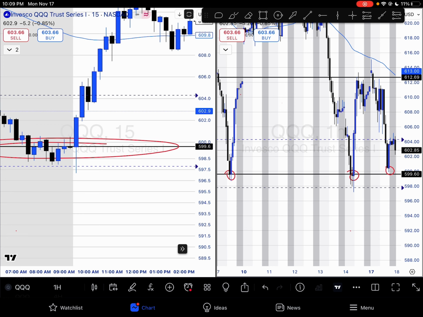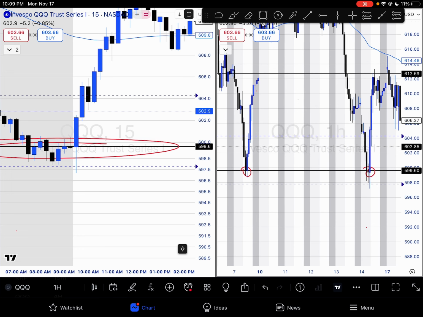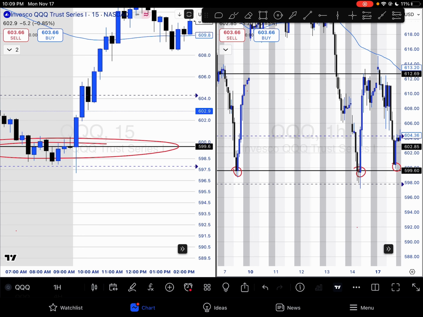So we're bouncing at the same level. And if I use the word rejection interchangeably with bounce, then you won't know if I'm talking about a support or a resistance. So it's important that I use the word bounce so that you know to look for the support that she's referring to.